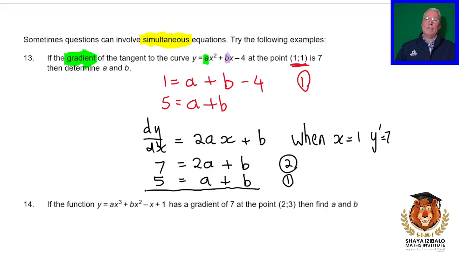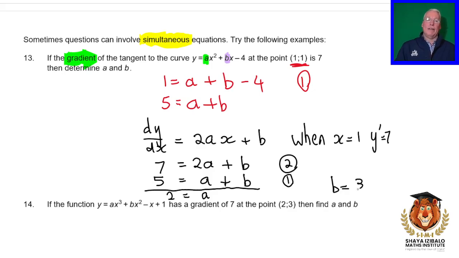And if we subtract them, the b's will eliminate. We get 2a minus a, we get 1a, and 7 minus 5, we get 2. So a is 2. Then we substitute that value for a into either equation to get the value for b. Obviously, if a is 2, b must be 3.